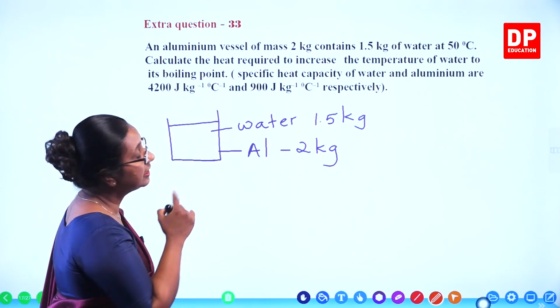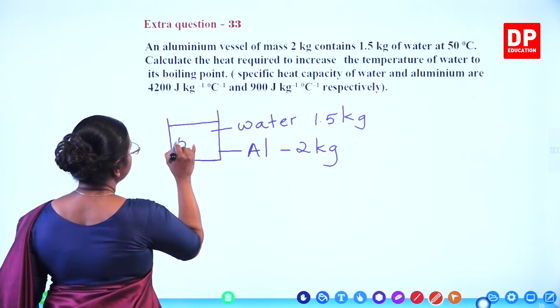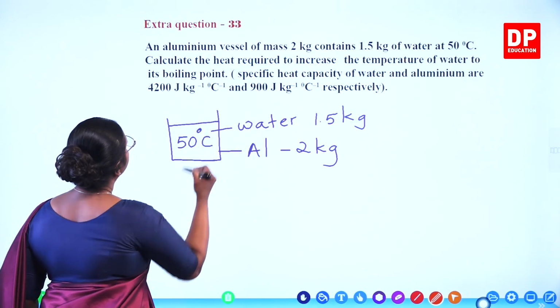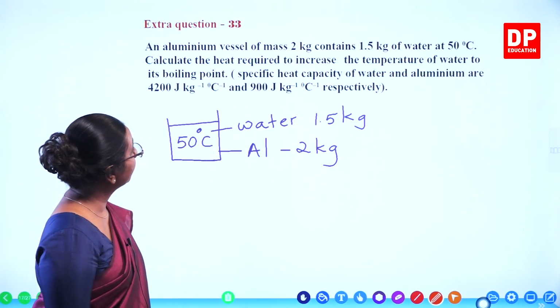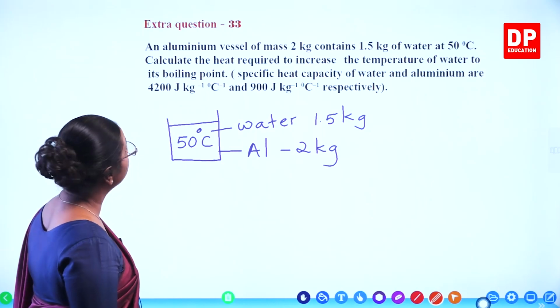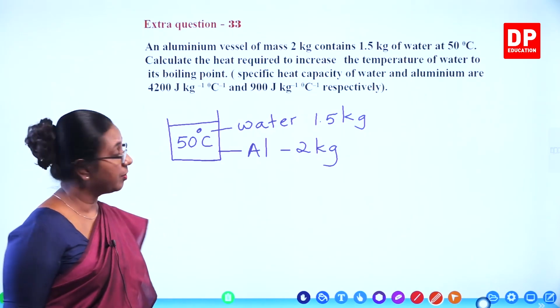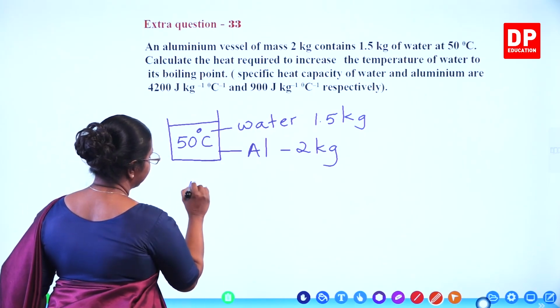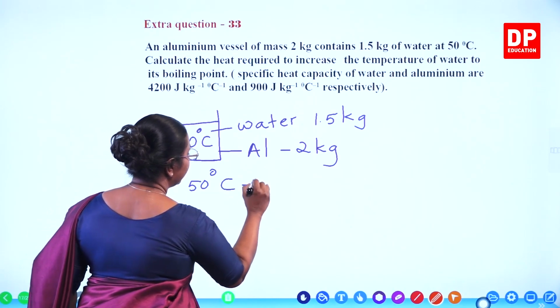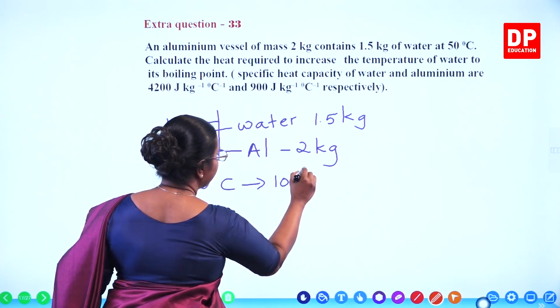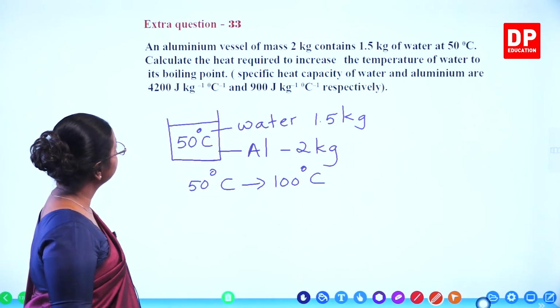Then you can see the temperature is 50 degrees Celsius. Calculate the heat required to increase the temperature of water to its boiling point. So, from 50 degrees Celsius, we need to increase the temperature to 100 degrees Celsius.